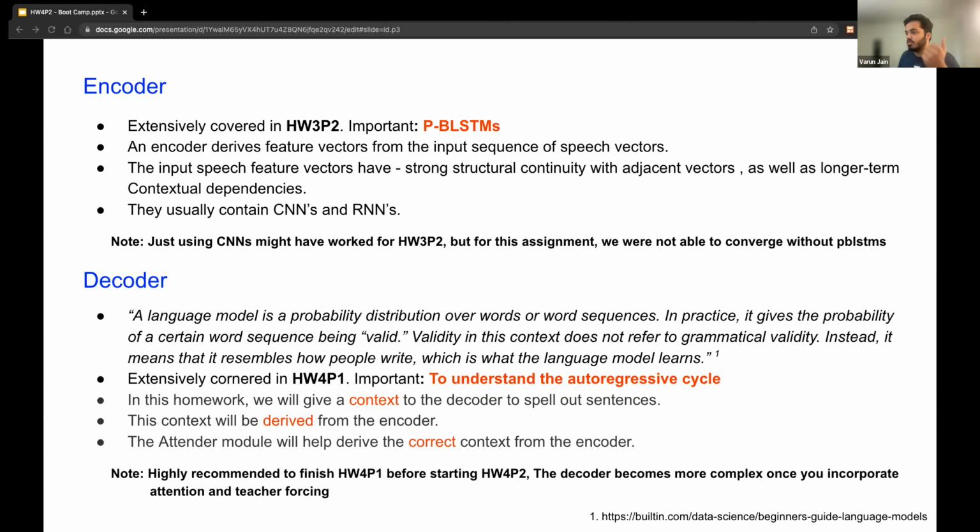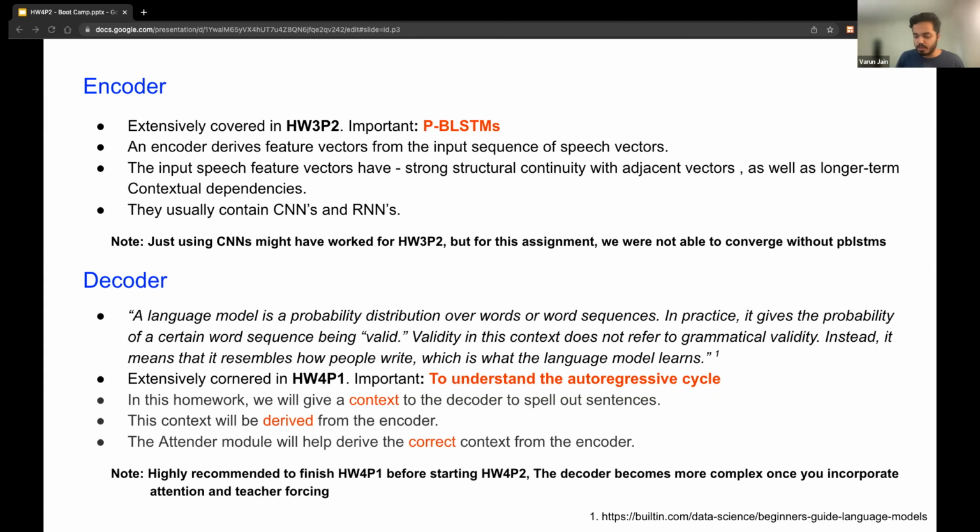And about the decoder, I found this very good line on what a language model is: a language model is a probability distribution over words or word sequences. So the model basically learns how to arrange words so that they make sense. That is what we have given in the write-up for homework 4P1.